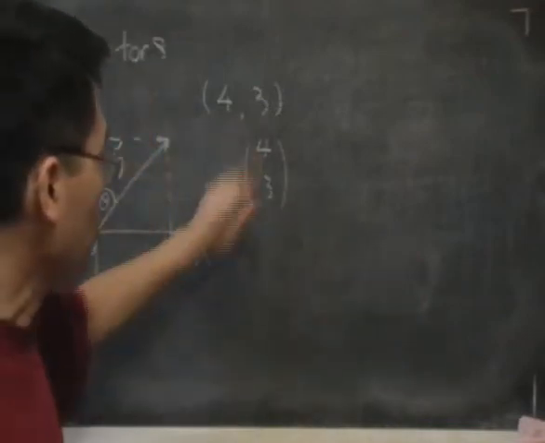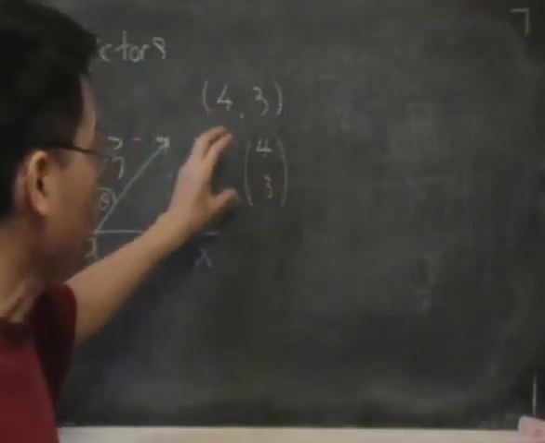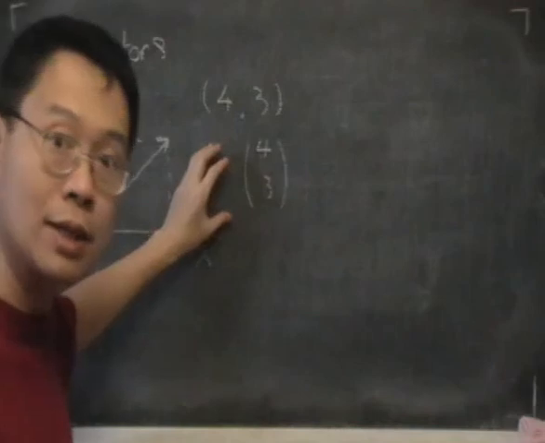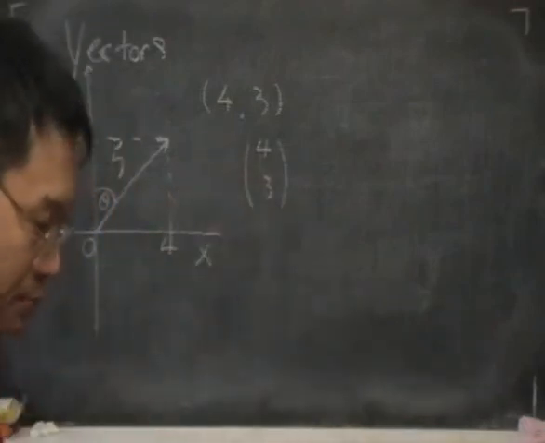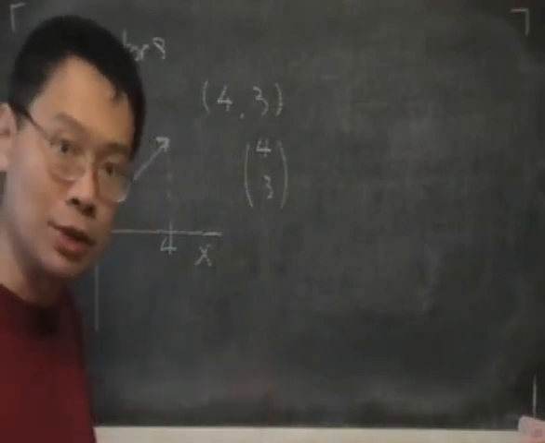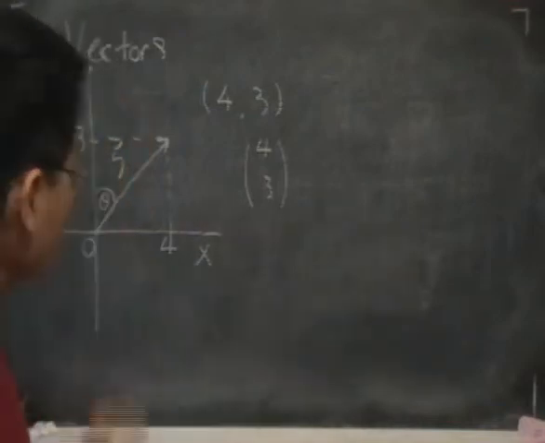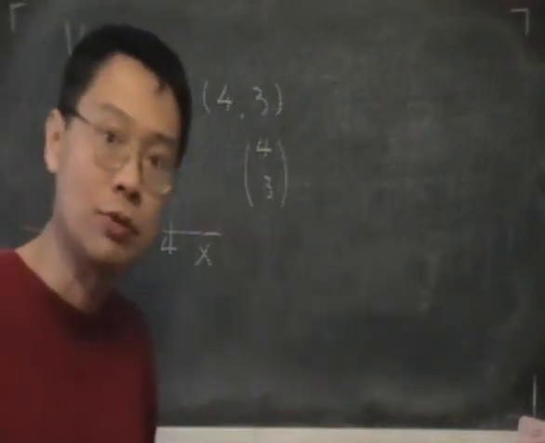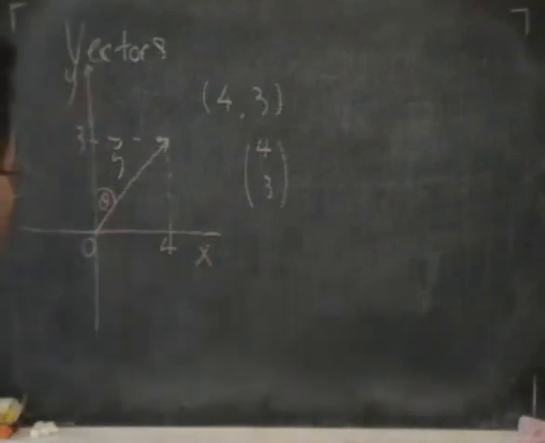Now, we often call this a column matrix, and in this session we will mostly be looking at this way of writing the two numbers, because the idea is that we can then make use of what we've learned in matrices, the kind of calculations that we've learned, to do different things with this vector and this point here.